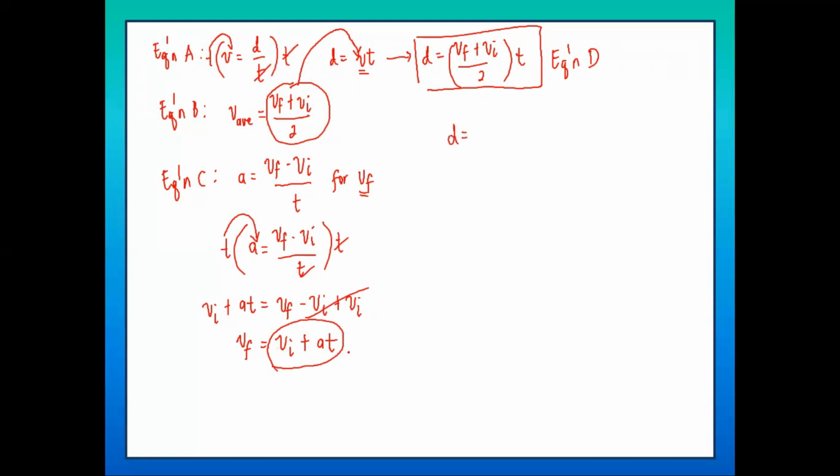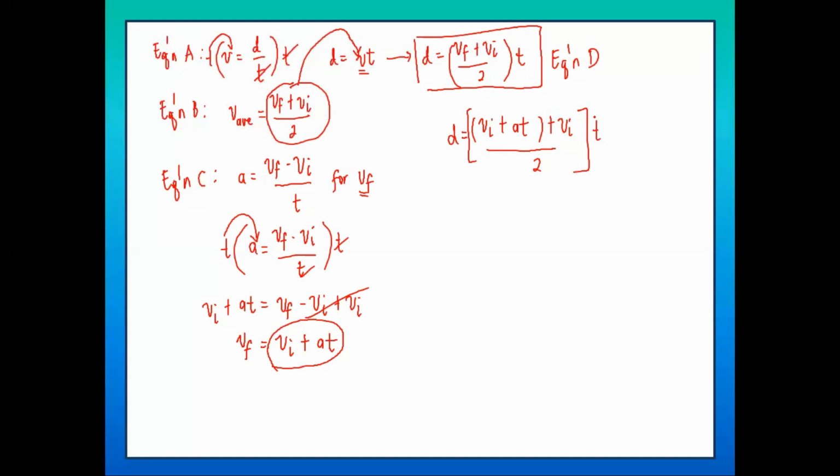D is equal to V sub I plus AT, plus our V sub I over 2 multiply to T. Okay? So, hopefully, nasusundan si Sir with this manipulation of equation.